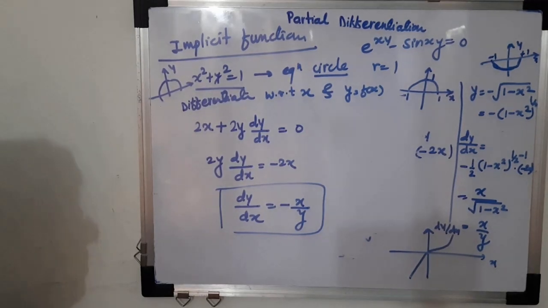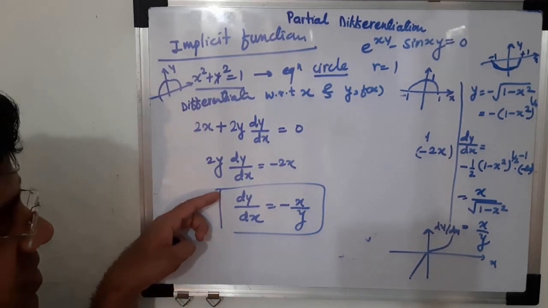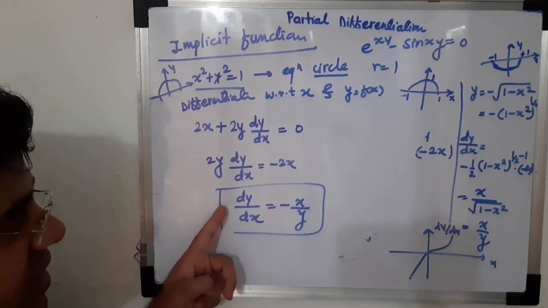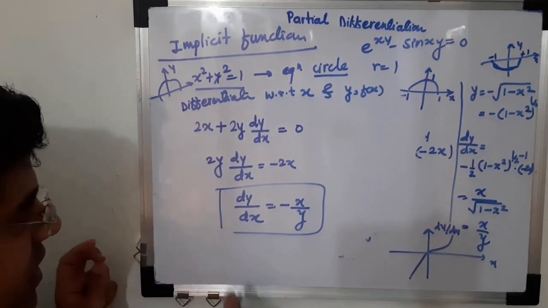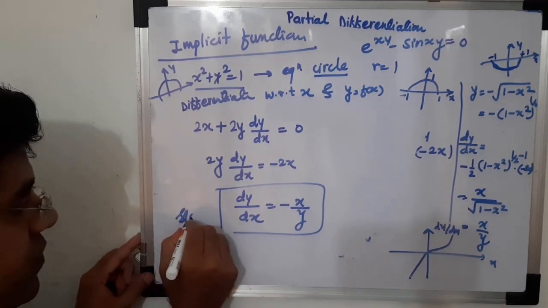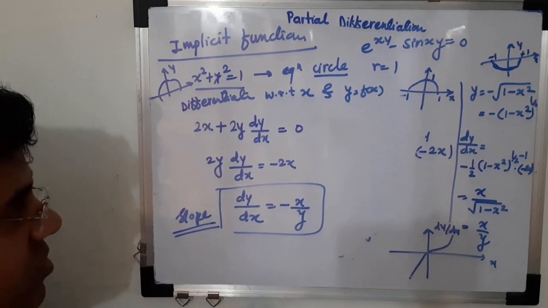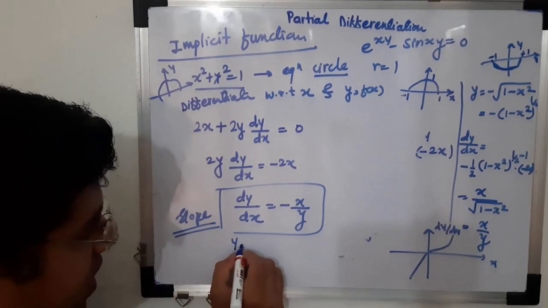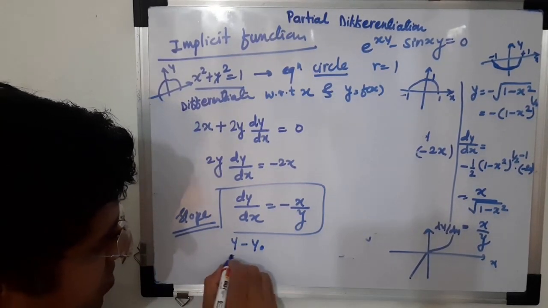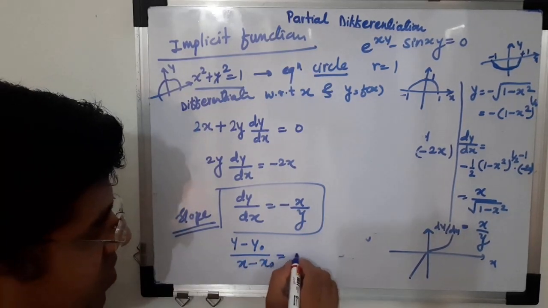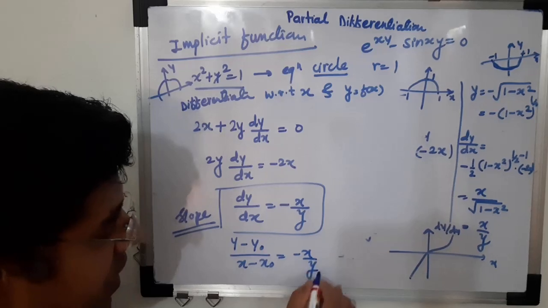Now suppose you are given any point. Here we can find out two things. If you remember, dy by dx indicates what? Your slope. So I can write y minus y0 over x minus x0 is equal to minus x divided by y.